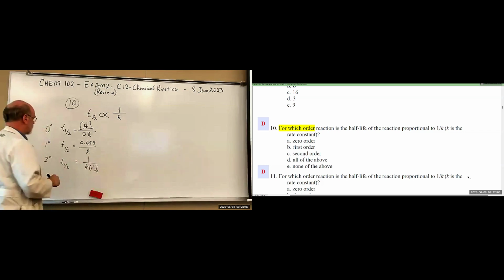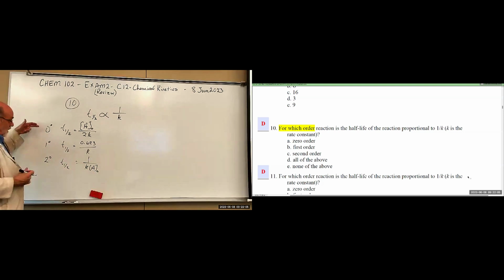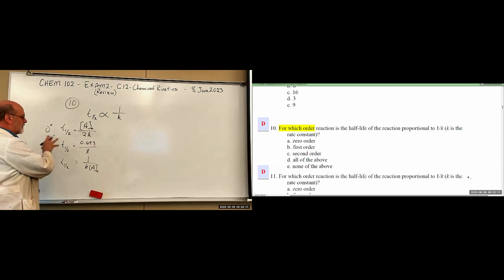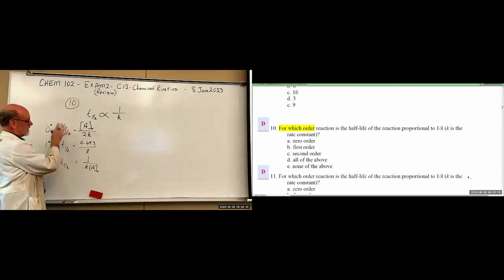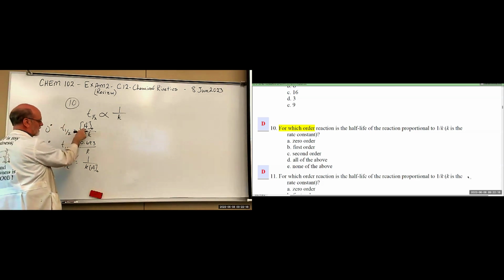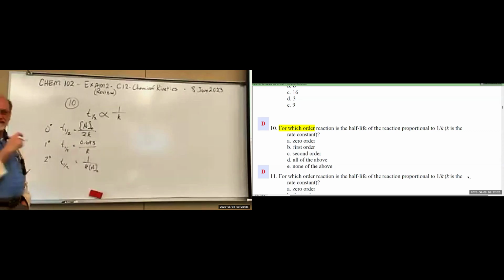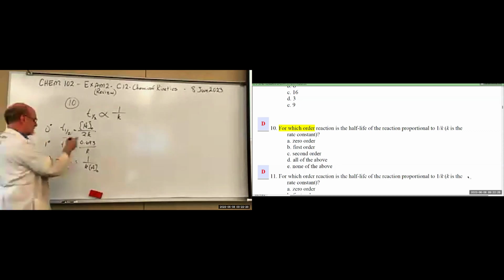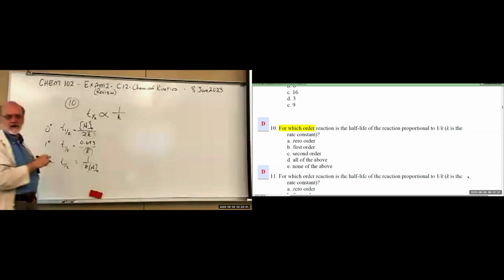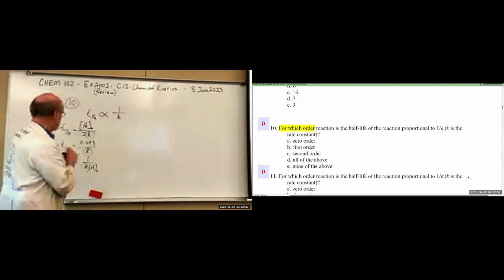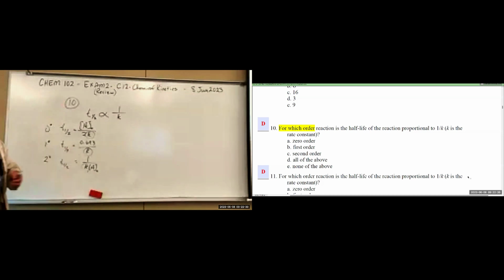So those are the half-life formulas for each of these orders of a single reactant. So which one is proportional to 1 over k? They all are. They're all proportional to 1 over k. So that's why D is the answer. I thought that was neat.